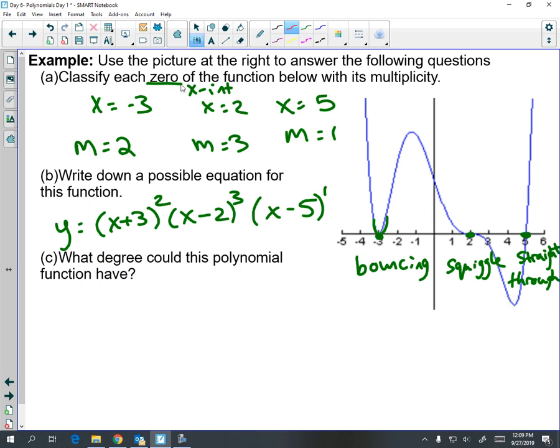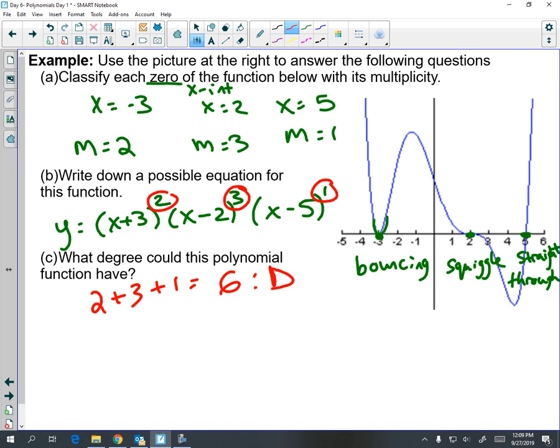Now, what degree could this polynomial possibly have? You could get it 2 ways. 1, 2, 3. Your largest exponent of each factor. Add them up. You have a degree of 6.